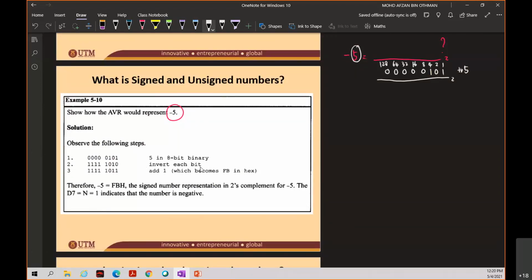Then we have the negative number. How do you change this value to a negative number? You need to do the second complement. There are two ways to do a second complement: the first is the longer way, and the second is the shorter way. Let's look at the longer way. You have 0, 0, 0, 0, 0, 1, 0, 1.